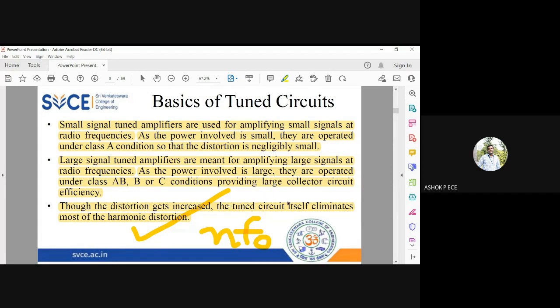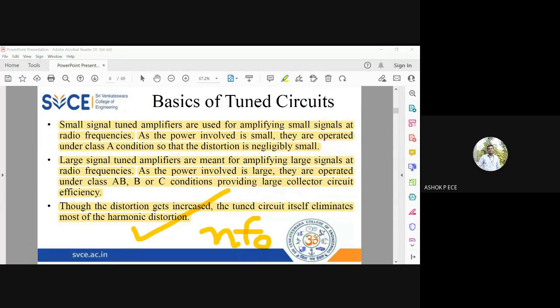So at the essential frequency, it will ensure that maximum gain is produced at F naught. At frequencies other than F naught, it is going to eliminate all the other signals. And that is the explanation for small signal and large signal amplifiers.